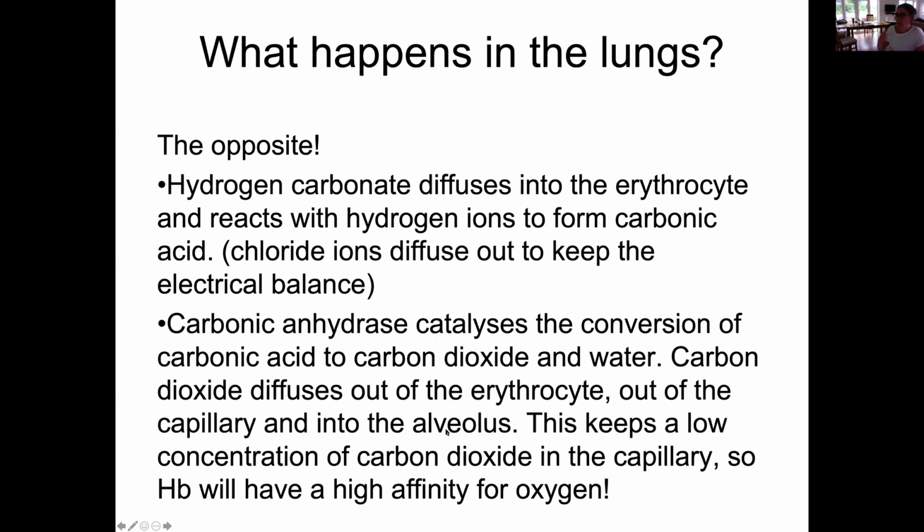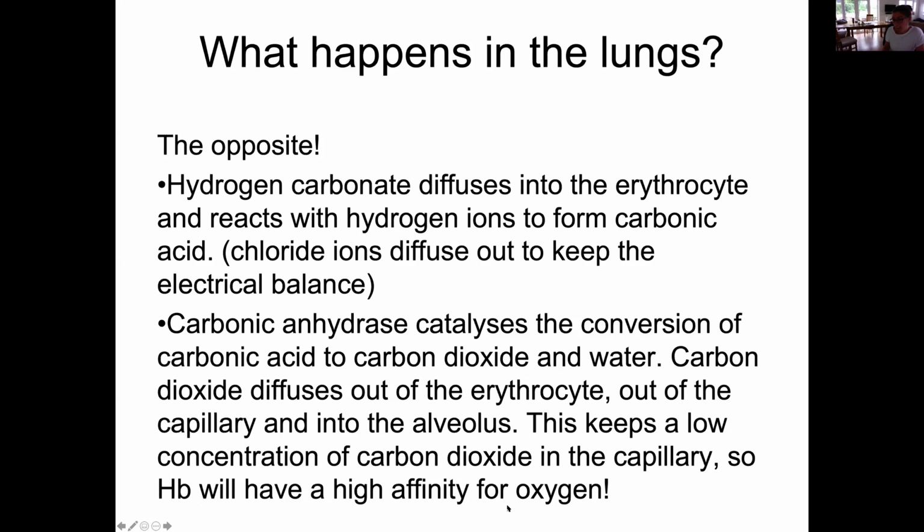And because we're always exhaling, if you've got high CO2 in the plasma and lower in the alveolus itself, it's going to diffuse out of the plasma into the alveolus and you're going to exhale it. Now, this is another advantage, because if you're getting rid of that CO2, the pH is going to be raised, and we're not going to have as many hydrogen ions around.